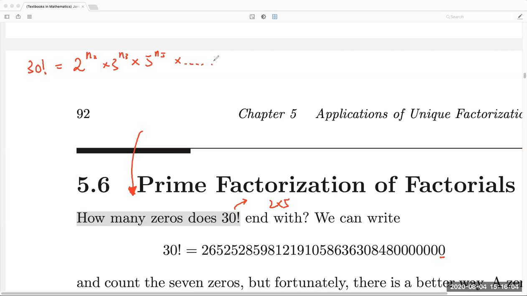Actually, the others do not matter for the zeros. Only these two matter. So do you know the answer? What is the answer in terms of n2 and n5?